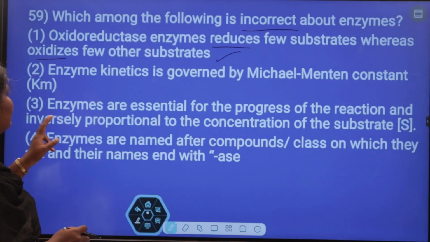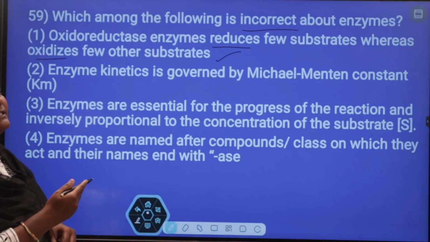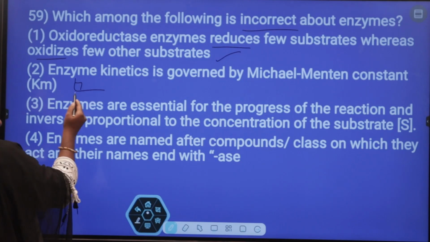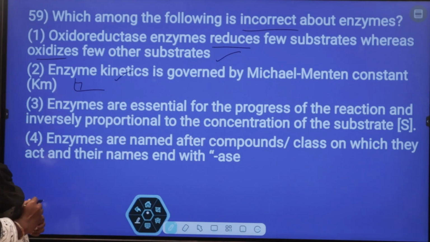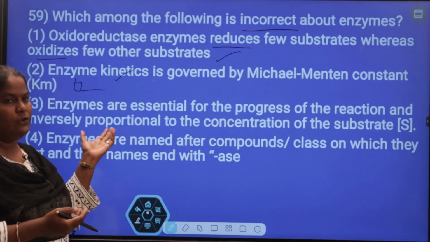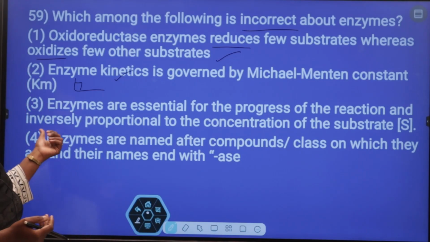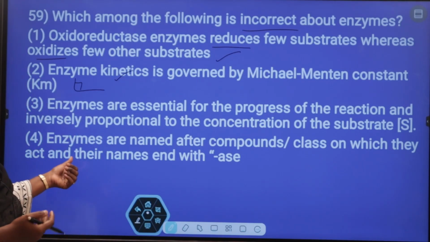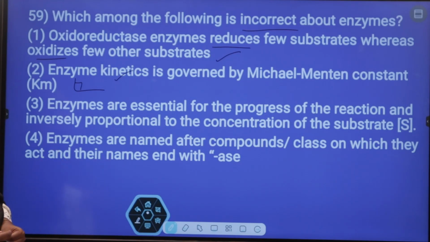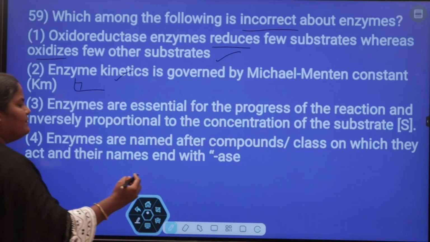Next one, enzyme kinetics is governed by Michaelis constant. Yes, of course, in a graph they are representing the Km value. So the statement is also right. Half Vmax value, velocity, the statement is also right. Before moving on to the third statement, let's discuss the fourth statement. Enzymes are named after compounds or class and the names end with ase.